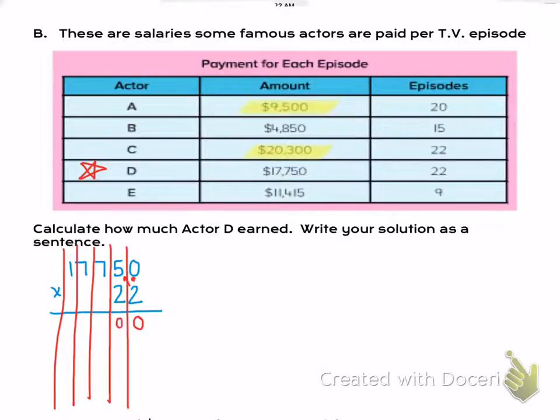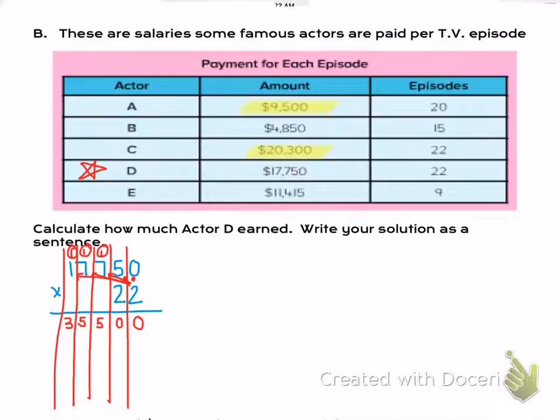Carry the 1 to the next number. 2 times 7 is 14, plus the 1 is 15, carry the 1 to the next number. 2 times 7 is 14, plus 1 is 15, carry that 1. And then 2 times 1 is 2, plus 1 is 3.